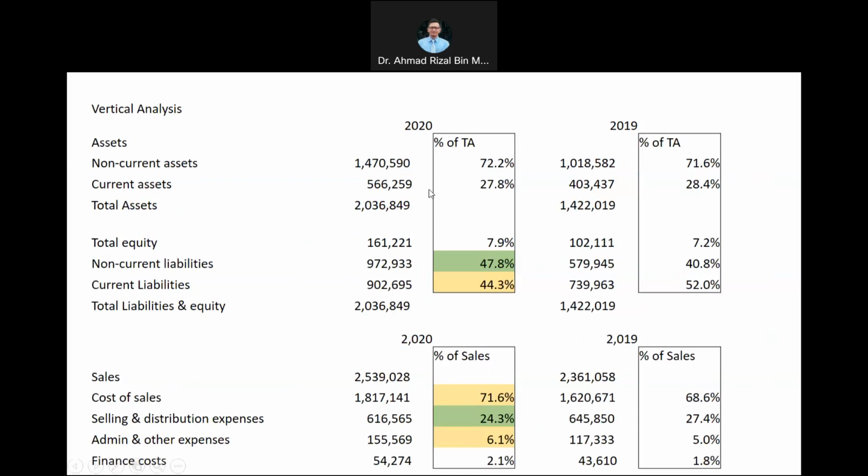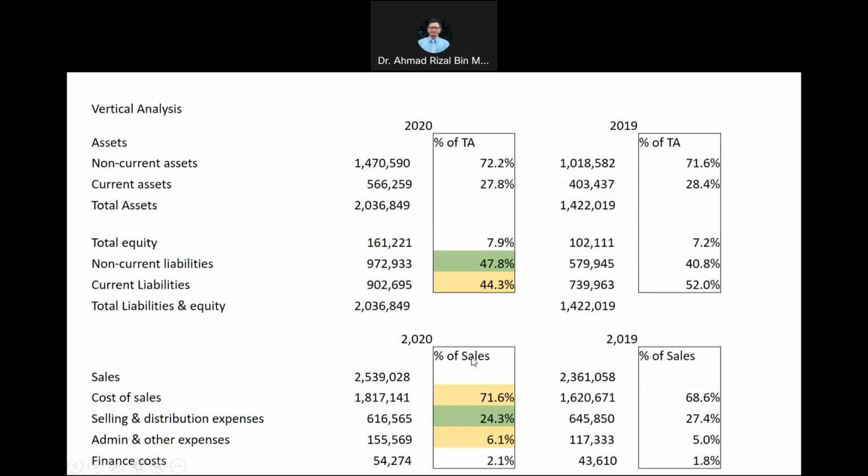We would be very much interested to look at the items and calculate them as a percentage of total assets. And we will look at whether or not there are any significant deviation from the previous year. For income statement, we will do as a percentage of sales.